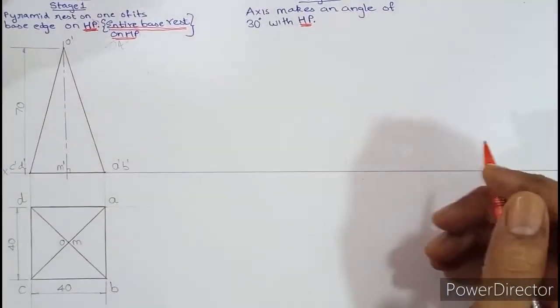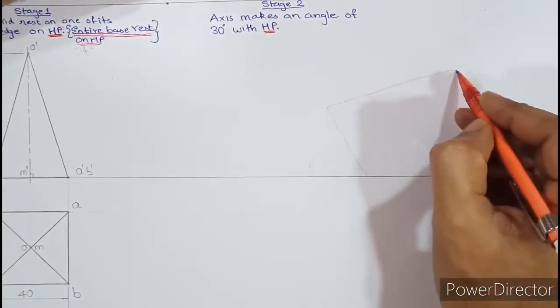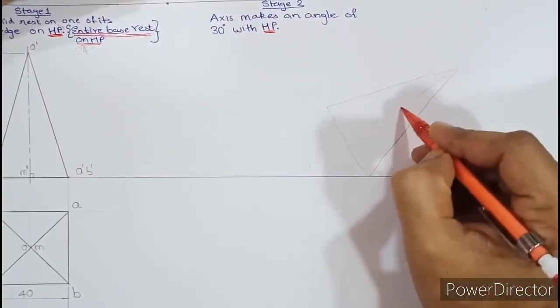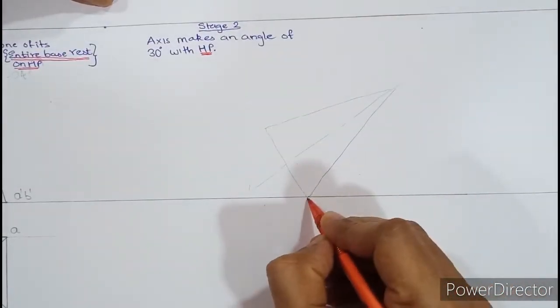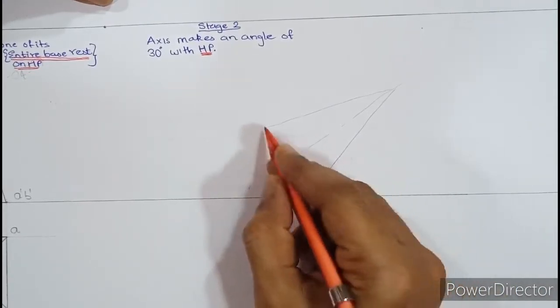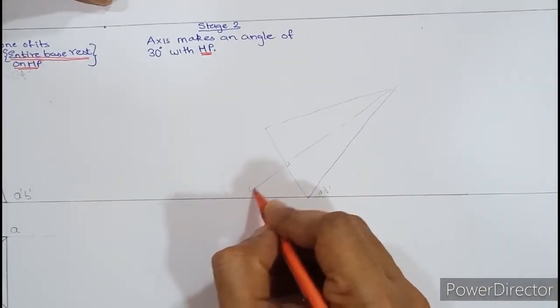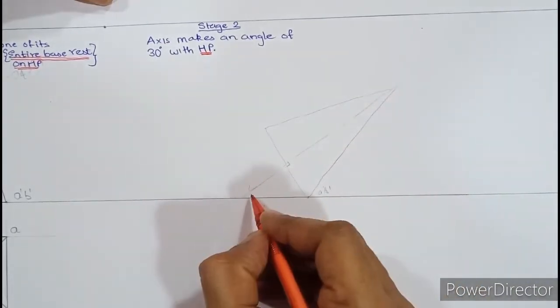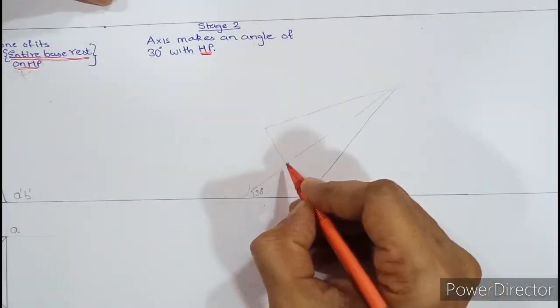So when I start drawing the second diagram, roughly the diagram has to be like this, see here. And this is the axis. This point will be A dash, B dash. Axis and base are always perpendicular, we know that. In the question they have said the axis makes 30 degrees, so this angle is 30 and this is perpendicular.